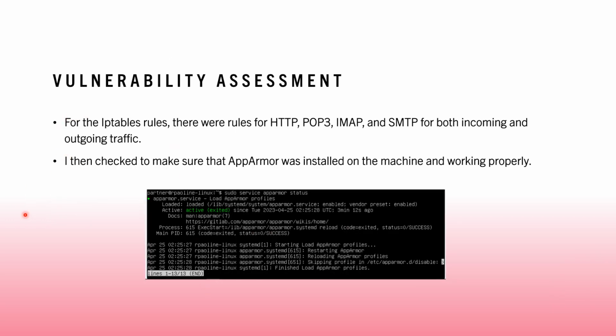For the iptables rules, there were rules for HTTP, which is the Hypertext Transfer Protocol, as well as POP3, IMAP, and SMTP for both incoming and outgoing traffic. I then checked to make sure that AppArmor was installed on the machine and working properly.